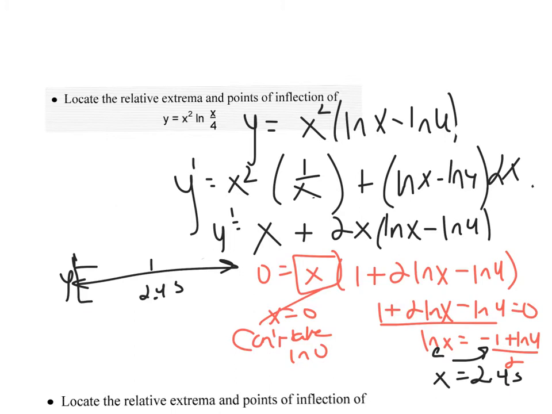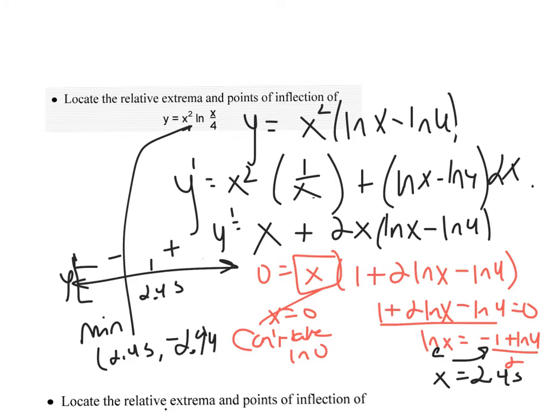So plug in like 1 or 2 and then maybe 3. And what you end up with is a negative and then a positive. So that means that would be a minimum. So our relative min is going to be at 2.43, comma, whatever I get after I plug that into my original, right? So you end up with about negative 2.94 is what I got.